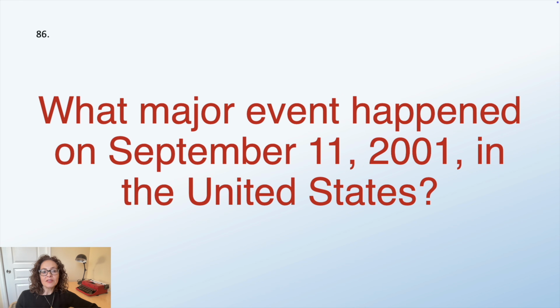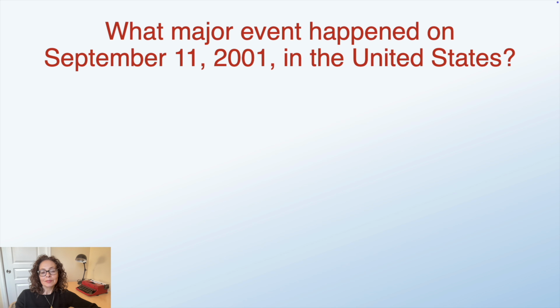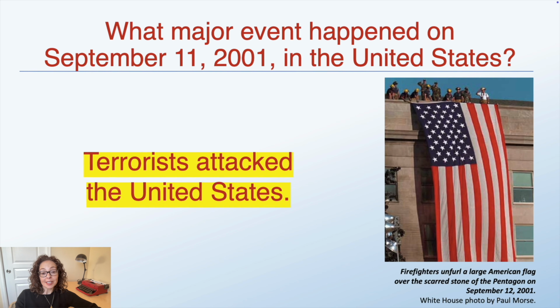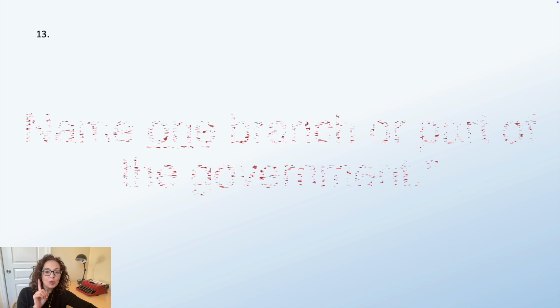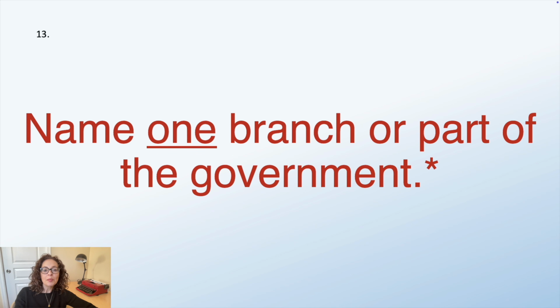What major event happened on September 11th, 2001 in the United States? Terrorists attacked the United States. Name one branch or part of the government.